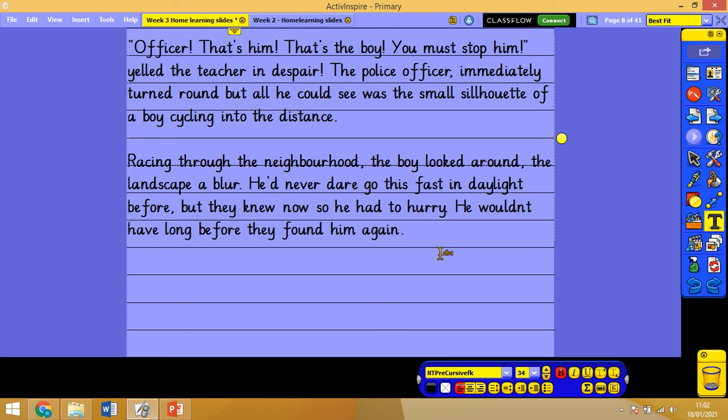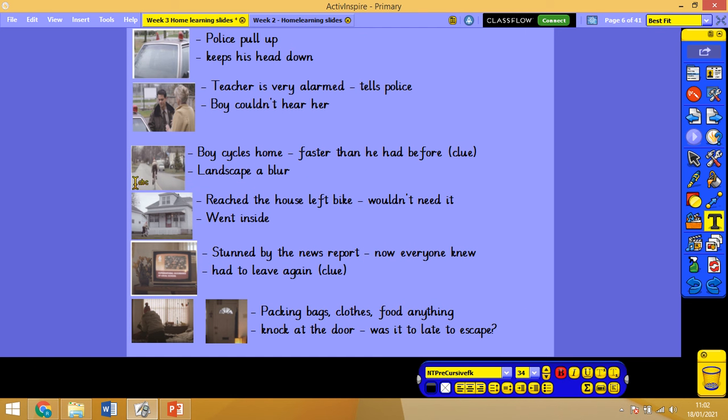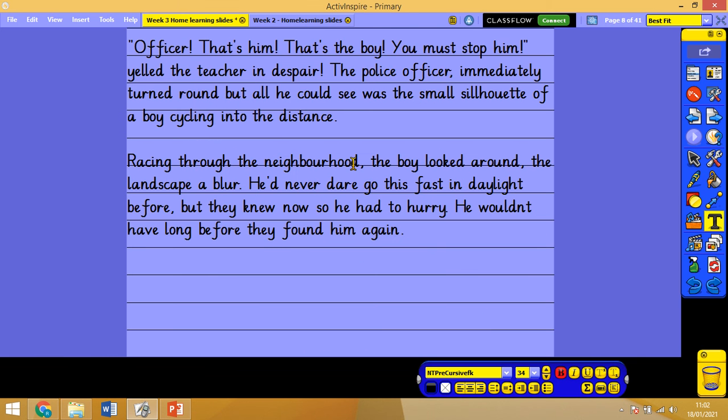We're trying to make the reader think, who's found him, why is he running? There's not very much else we can write about that part, so we're going to pull it up to the house and go inside.